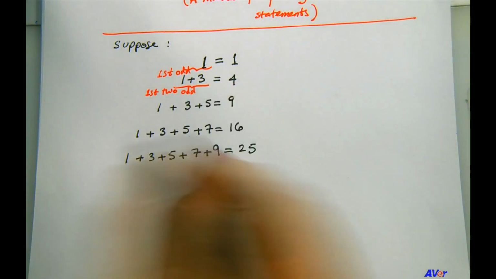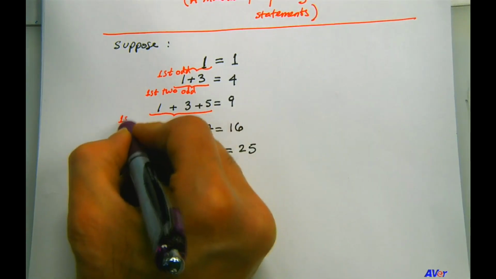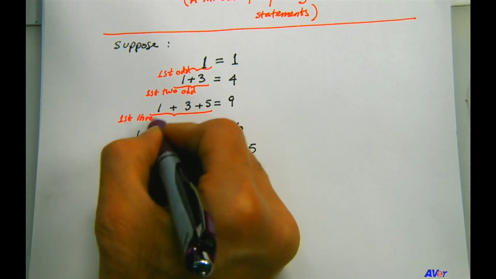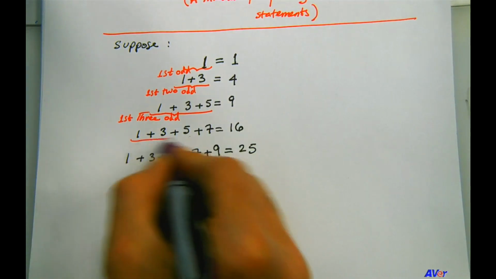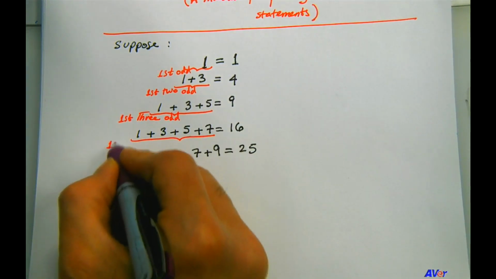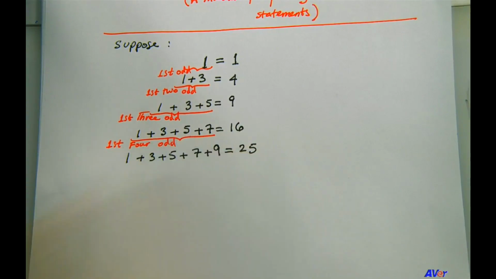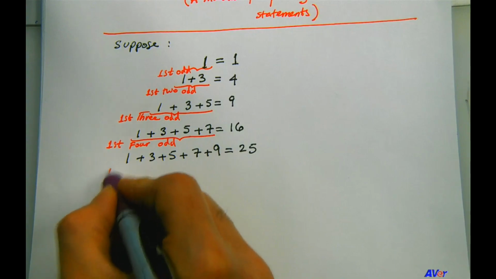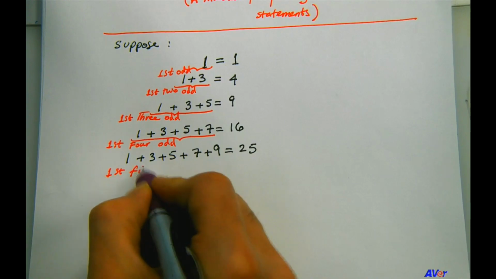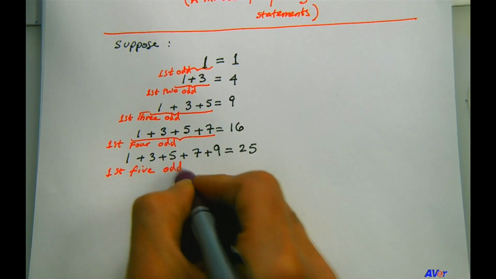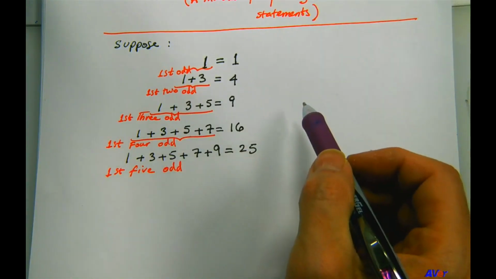And we can say the same thing about all of these, that these three are the first three odd numbers, and these four are the first four odd numbers. And finally, this one is the sum of the first 5 odd numbers. Okay, that's the pattern obvious on the left-hand side.